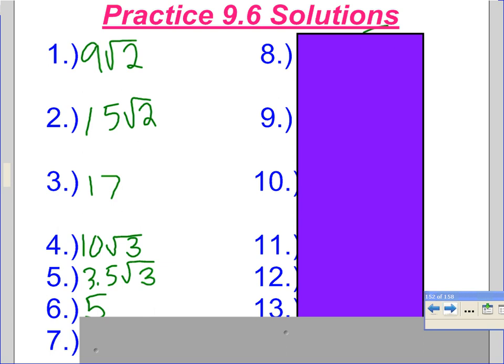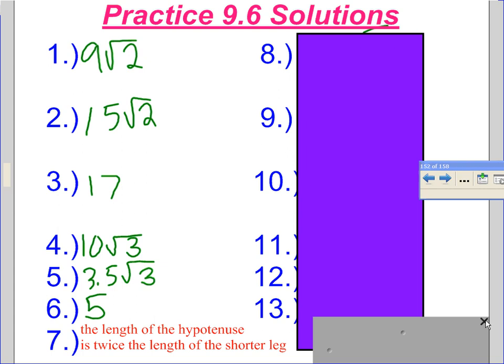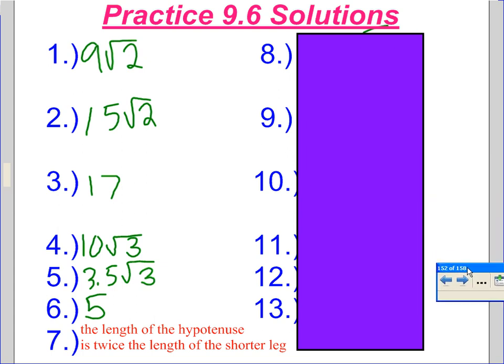Good. It's twice the length. So I just wrote down the length of the hypotenuse is twice the length of the shorter leg. So as long as you are explaining the formula in some way, you're okay. Ray? That's fine. Yeah, if you explain the formula in any way, that's fine. Okay, Joseph, number 8.